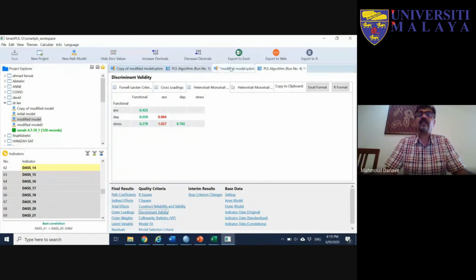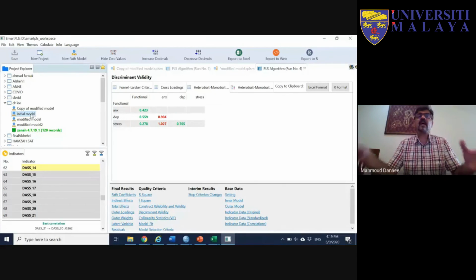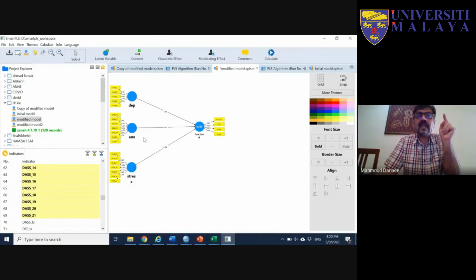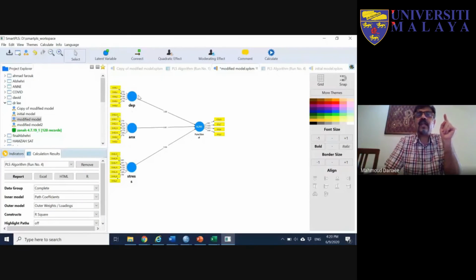That's why, if you remember what I did for this study, I merged all the items together, because these three sub-scales, which initially, according to the questionnaire, were under different sub-scales of mental health, were not discriminant. So I merged all of them together and used them as one construct, and I measured it as DAS. I'm not able to study these three variables separately because they are highly correlated.